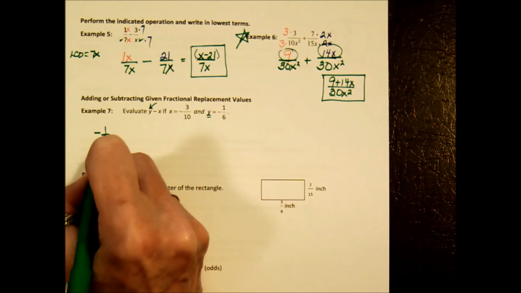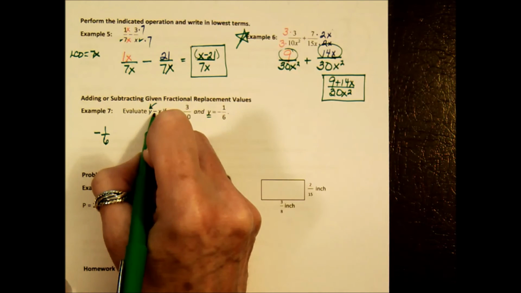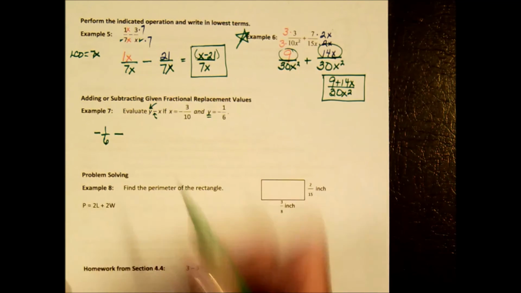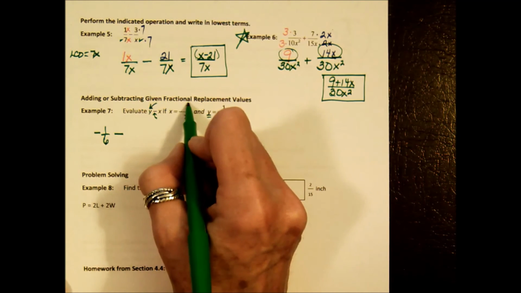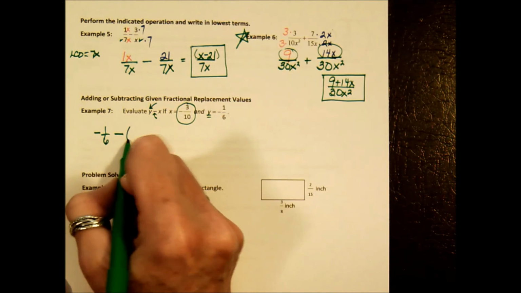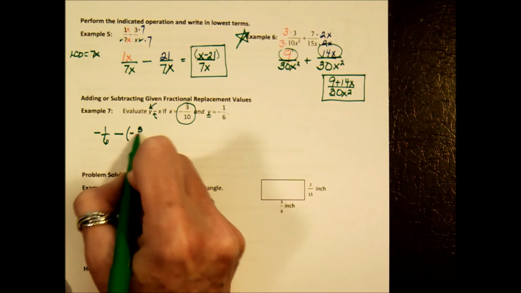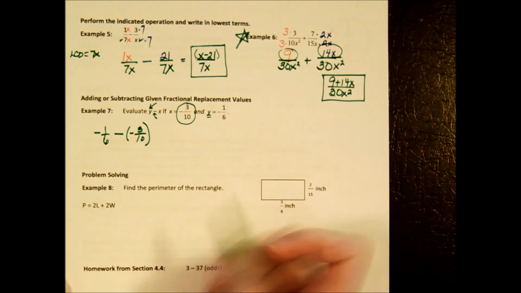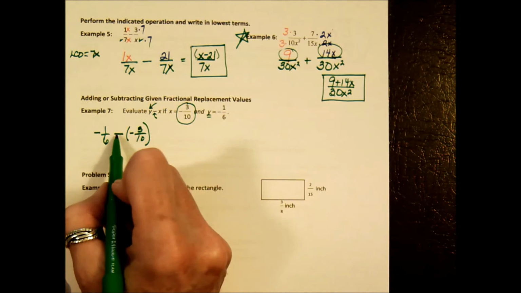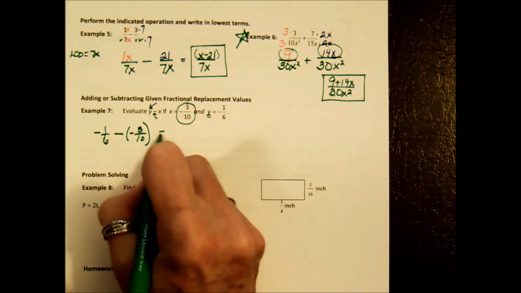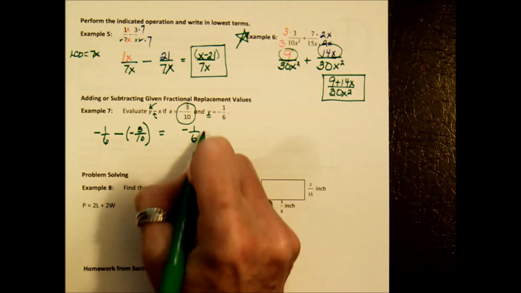Now I'm going to write my subtraction sign, take away. Now I'm going to put the x, which is negative 3/10. So that those negatives don't go together, I'm going to put parentheses just to separate those. Well, I know that two negatives together makes a positive. So that's the same as negative 1/6 plus 3/10.